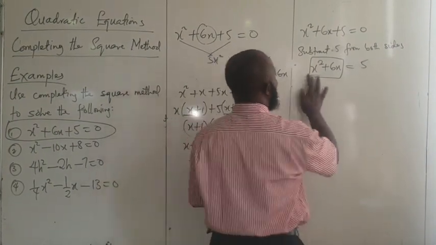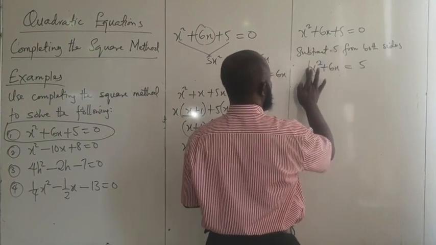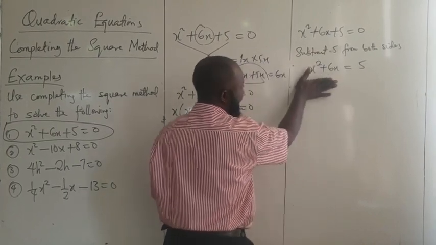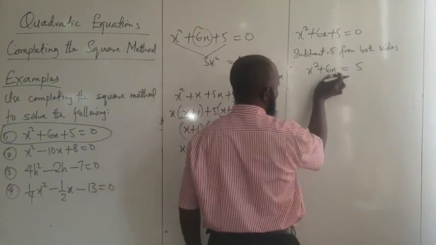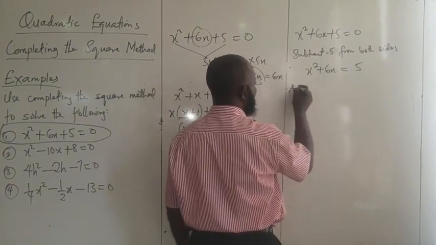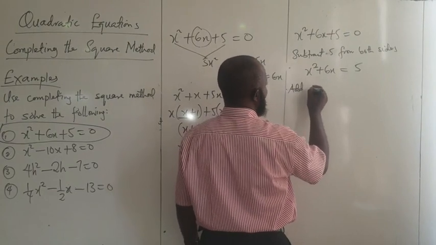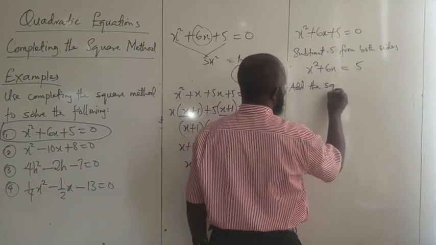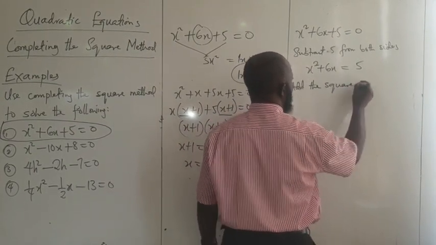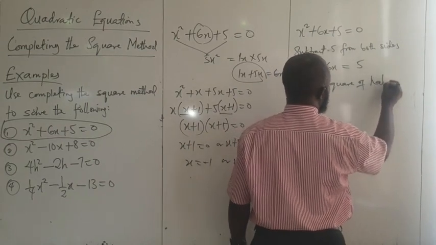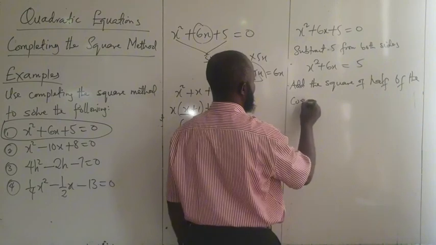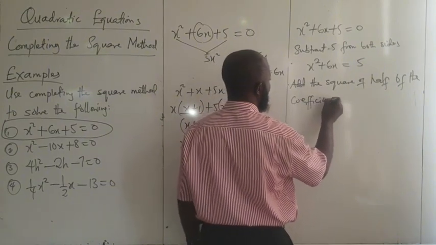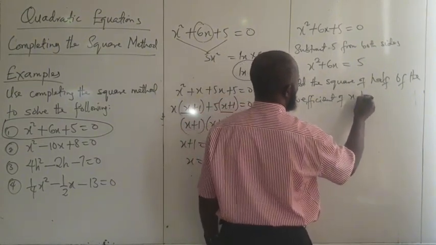So because we want to make this expression, the left hand side of this equation, a perfect square, we are going to find half of this. So we're going to add the square of half of the coefficient of x to both sides.